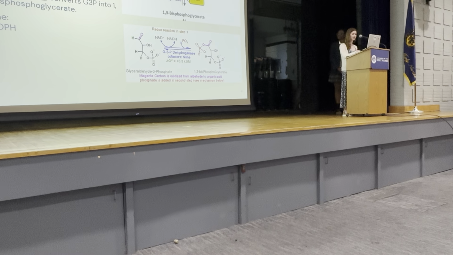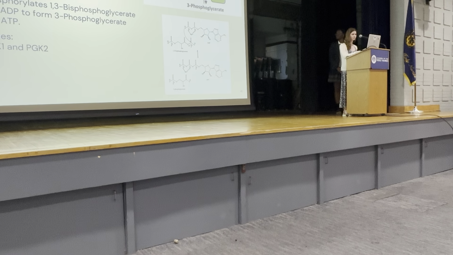Glyceraldehyde 3-phosphate dehydrogenase converts glyceraldehyde 3-phosphate into 1,3-bisphosphoglycerate. This is through oxidation and reduction reactions, or transferring a hydrogen, as well as phosphorylation. The encoding gene is GAPDH. Phosphoglycerate kinase phosphorylates 1,3-bisphosphoglycerate and ADP to form 3-phosphoglycerate and ATP.